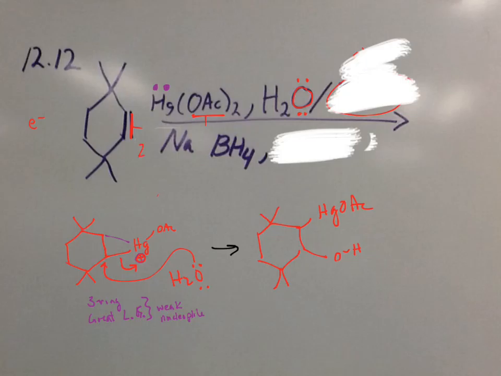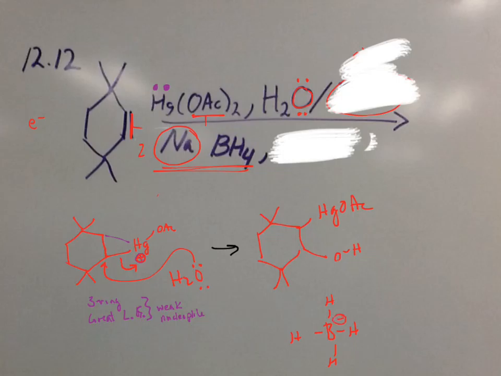We then have to evaluate what sodium borohydride is supplying. The first thing you should see is we have sodium, which is a metal and an ionic bond, which means that splits, and we're really looking at BH4, which is going to carry a negative charge.